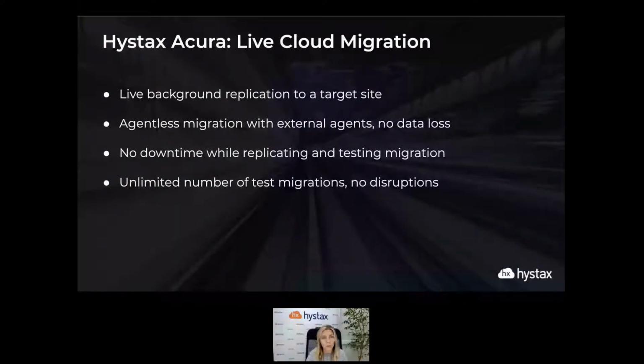We also support and provide our customers a limited number of test migrations. As soon as we have full replicas on the target side, our customers can easily run incremental replications and perform test migrations by running failovers in the target side to make sure that all the data is there, it's consistent, the machines are working fine, and everything's ready for the cutover to be planned.